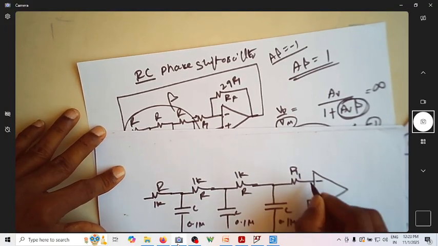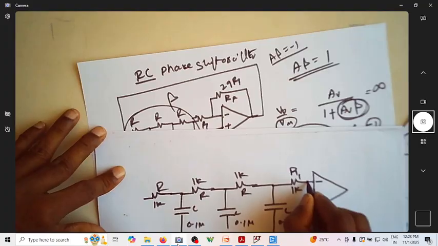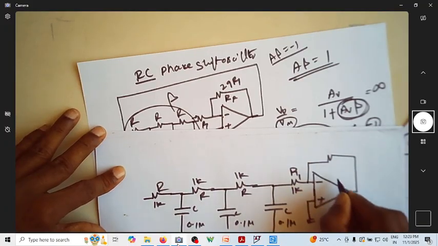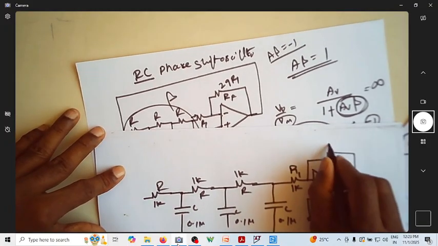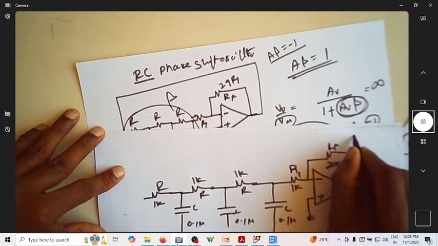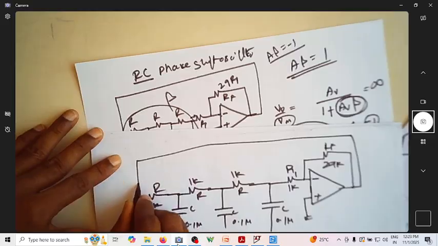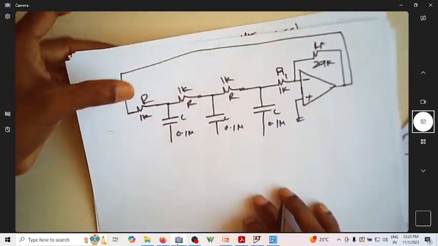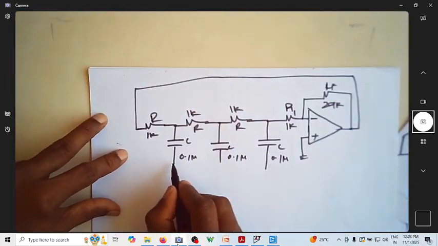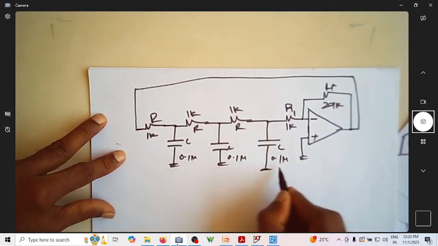I will use R1 as 1K. Now I will use 29K. This is RF. Can you see now I'm just feeding it back here. This is the feedback signal, and this is grounded, grounded, grounded.